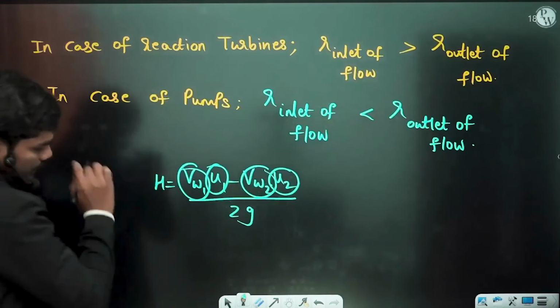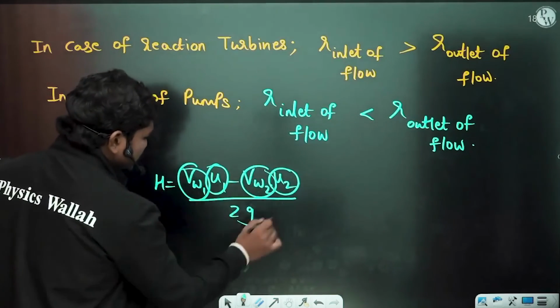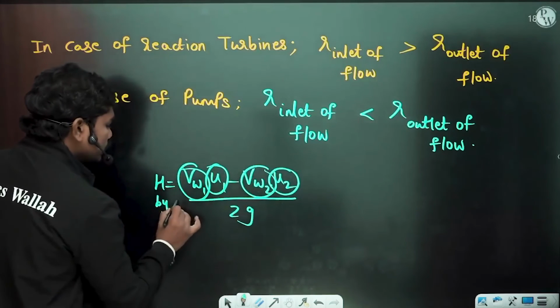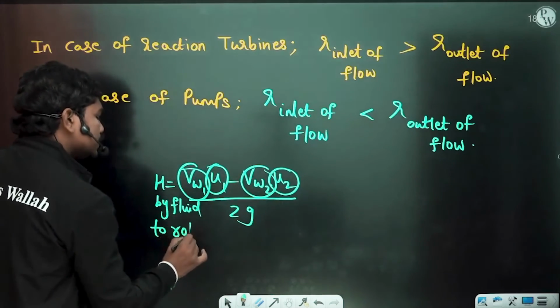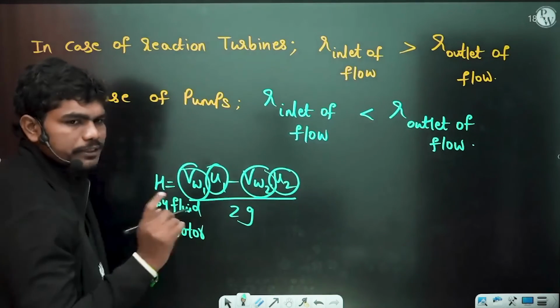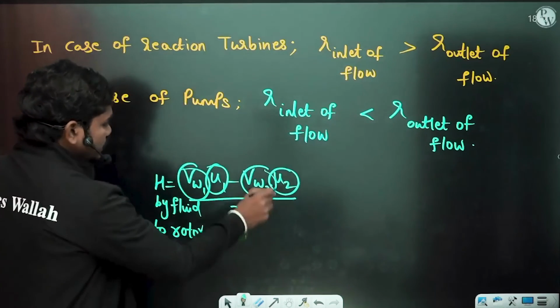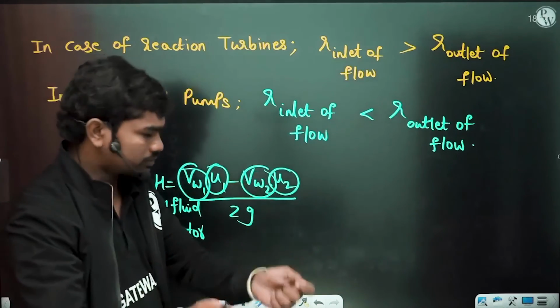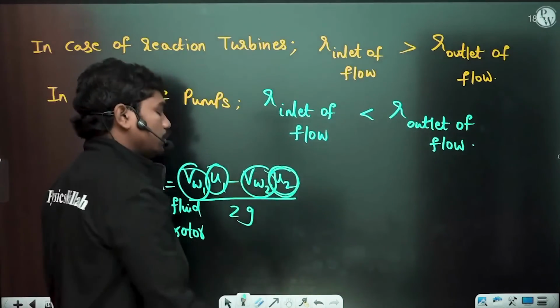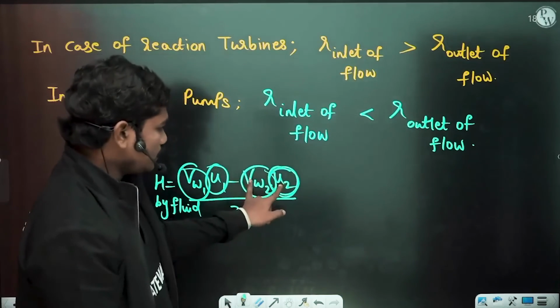This is the head supplied by the fluid to the rotor, the energy supplied by the fluid to the rotor per unit weight of the fluid. Now this Vw1 u1 is a positive quantity because you have some length, you have some velocity. U2 is also a positive quantity.